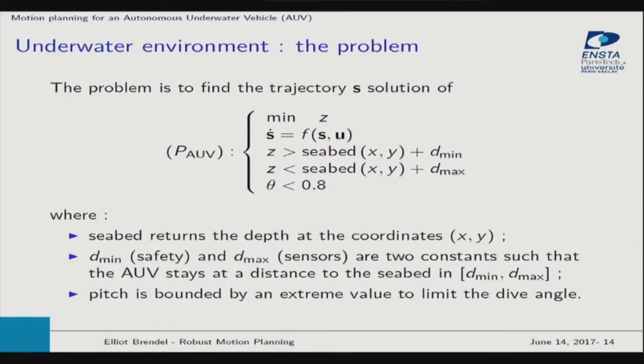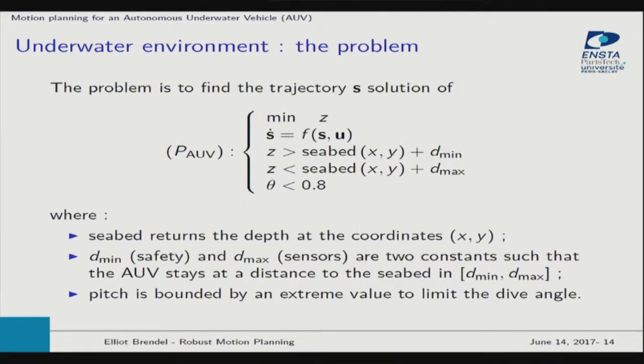So the problem for the AUV can be translated like this. So here we want to be the closest to the seabed, so we minimize the depth z. It has to be a solution of the ODE, of course.